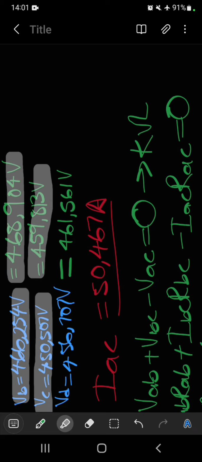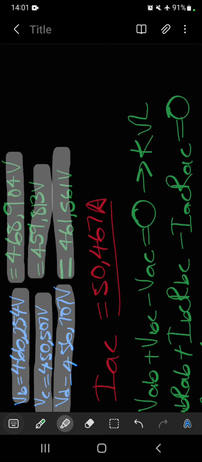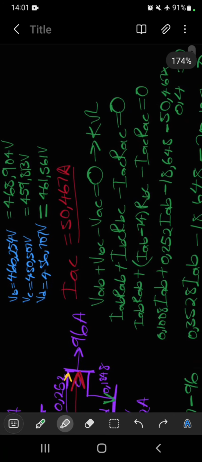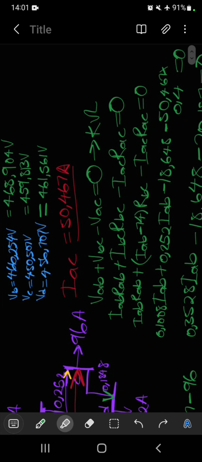And again, load voltage at point D was 456.71, and is now 461.56. You see, that means the interconnector increases the reliability of the system, or just makes it better.